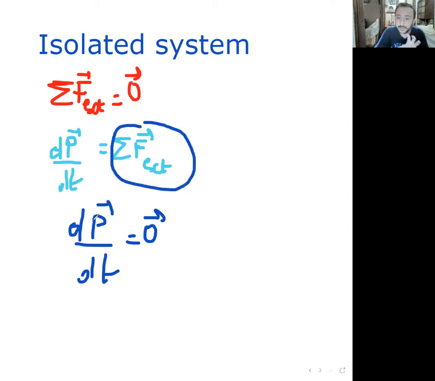So if the derivative is equal to 0, it means p is constant at any time. P equals constant. So therefore, the linear momentum of an isolated system remains constant when time varies.